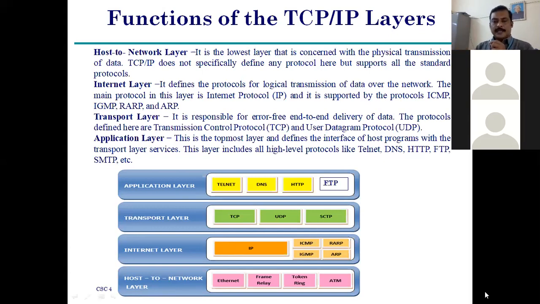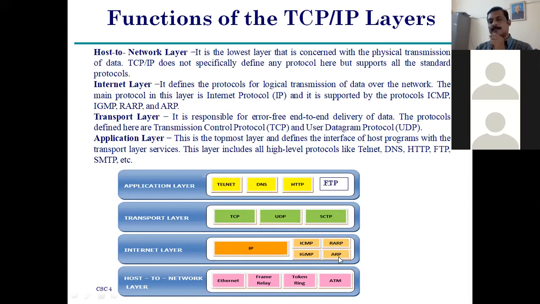Is it clear, the conversion from logical to physical and from physical to logical? First, take the IP address and convert it to the MAC address, which is called the physical address. That is done by ARP. The reverse process of ARP is known as RARP, the Reverse Address Resolution Protocol.